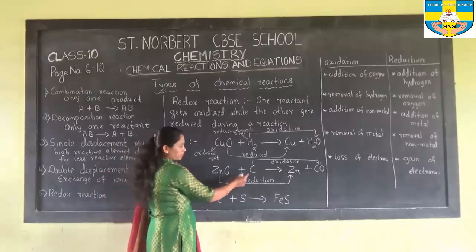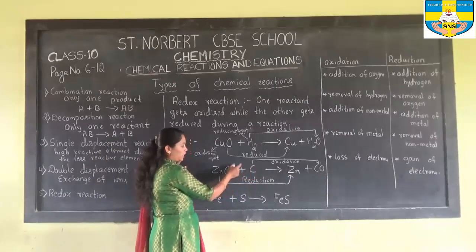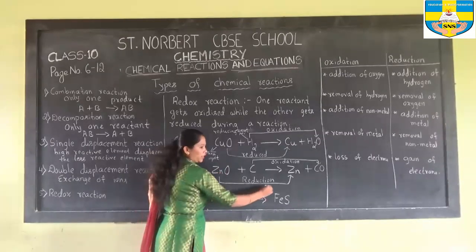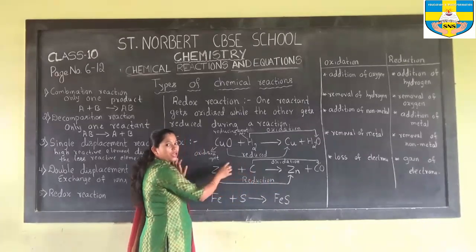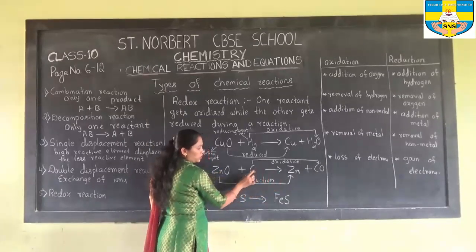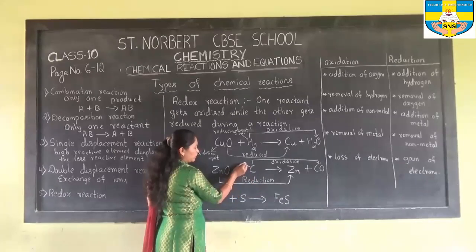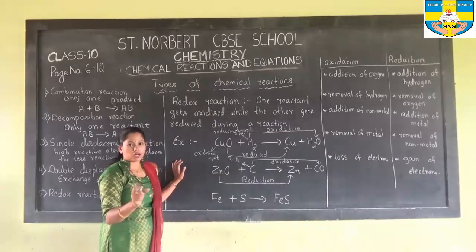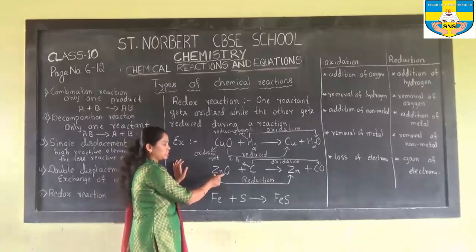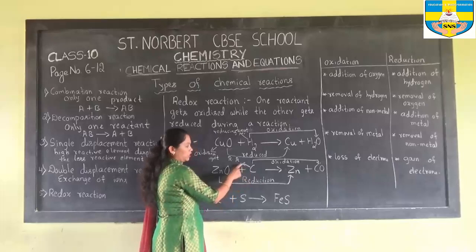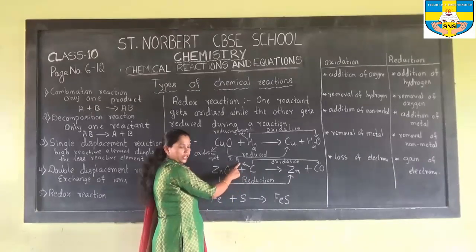Here, the carbon helps ZnO to reduce. So the carbon is the reducing agent.